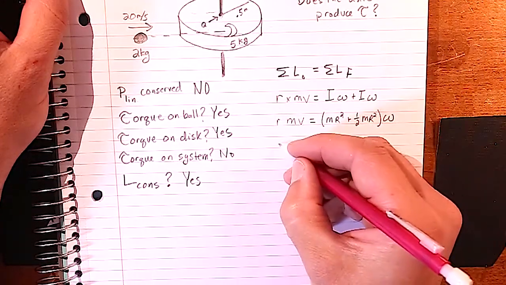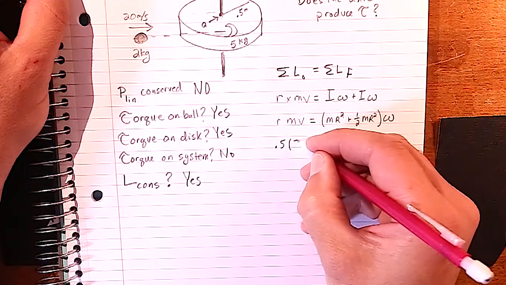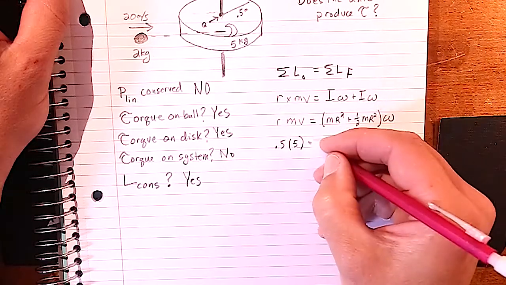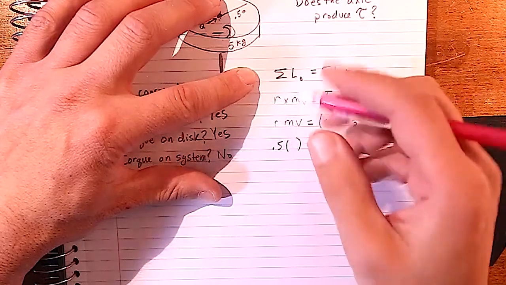So what do we have? Well, we have our 0.5 radius, our mass is 5 kilograms, and it's the ball. We're dealing with the ball here.